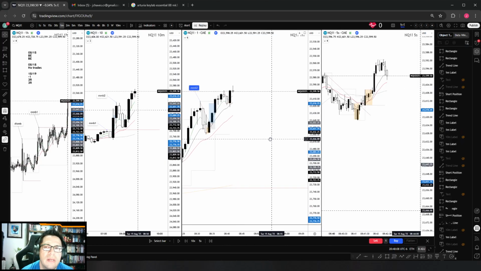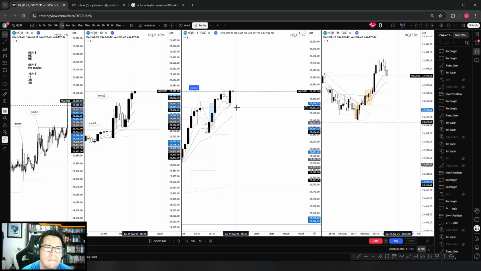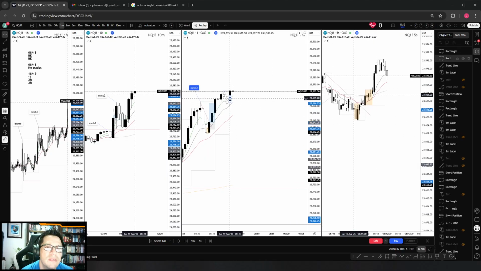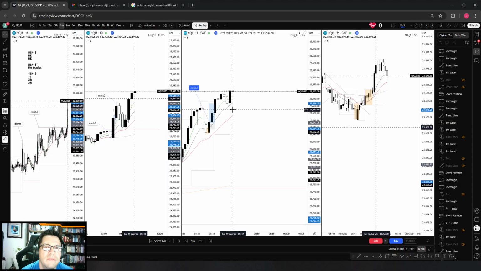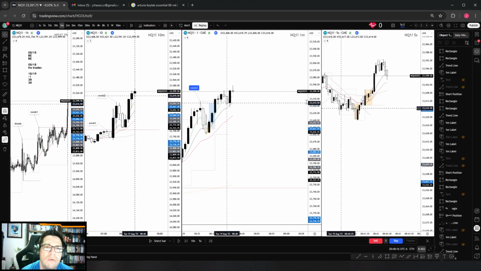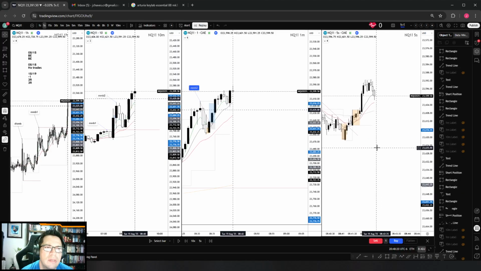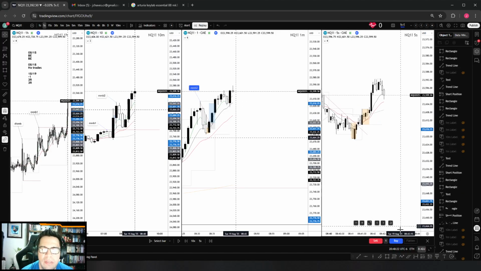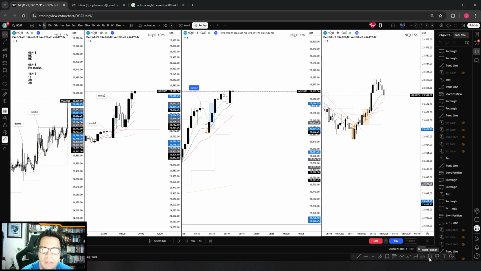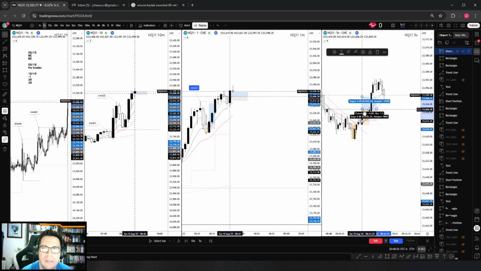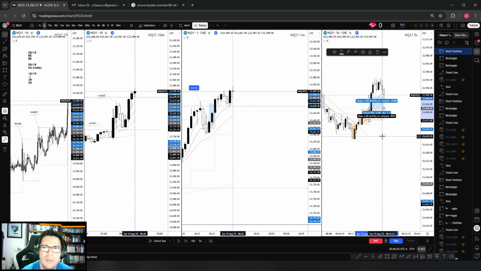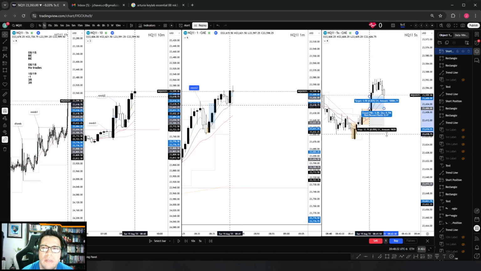However, I was at this time expecting maybe a deeper flush here. So this one I'm just not going to count, but just to be fair, this is a possible trade that would happen at this point. I'm just going to draw it for understanding purposes.